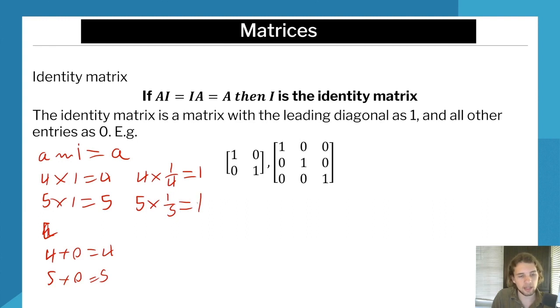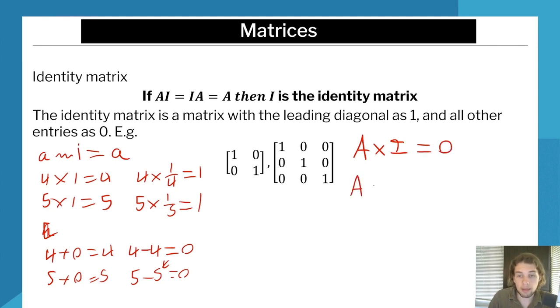In multiplication, it creates 1. 4 minus 4, it's the inverse in addition, creates 0. 5 minus 5 creates 0. So that's what the inverse would be if you're looking at theories about identities. Now, an identity matrix is the same idea. You have a matrix, you multiply it by the identity, it equals the same thing.